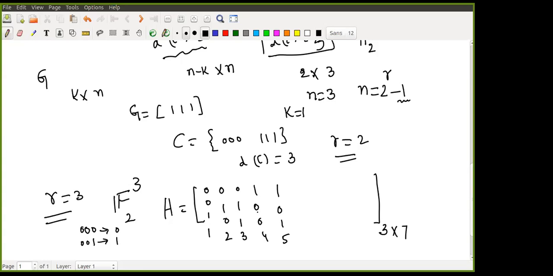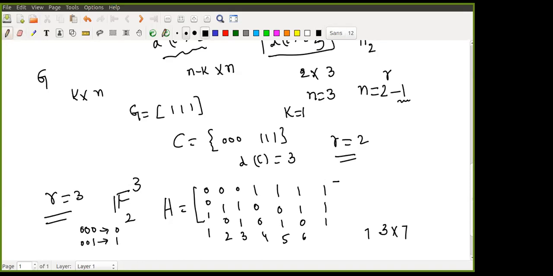You cannot represent 7 numbers using only two binary digits, so I need to go to 2 power 3. Next one, 110, which is 6. The 7 is 111, right? Done. So this is the thing.